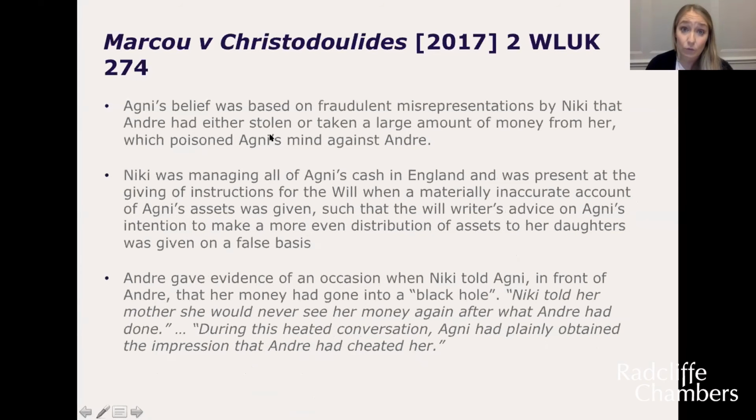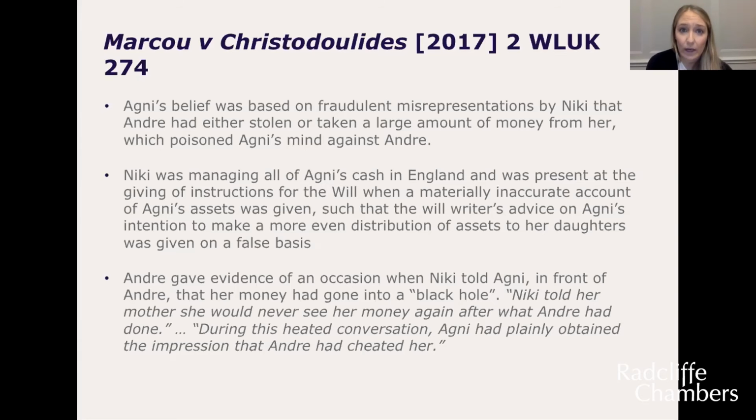And the judge found that that was a wrong belief. And where did it come from? He said, well, I think this is based or came from fraudulent misrepresentations that Nikki had made about Andre having either stolen or taken a large amount of the deceased's money, and that poisoned the deceased's mind against her.